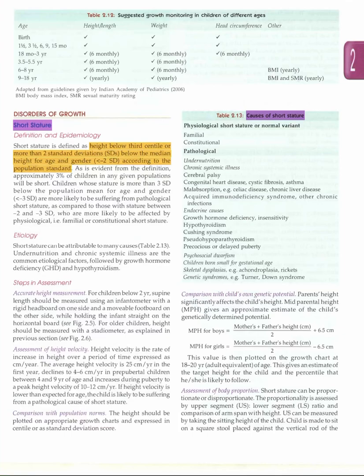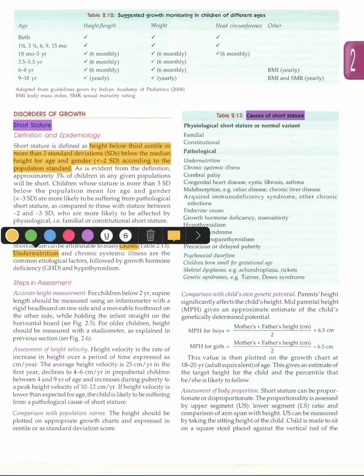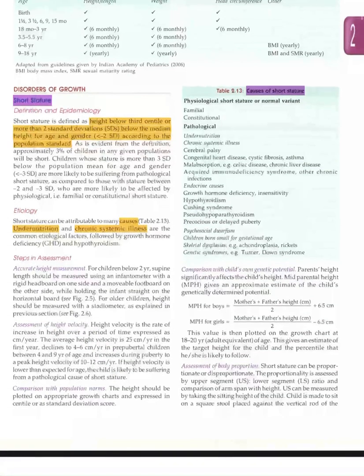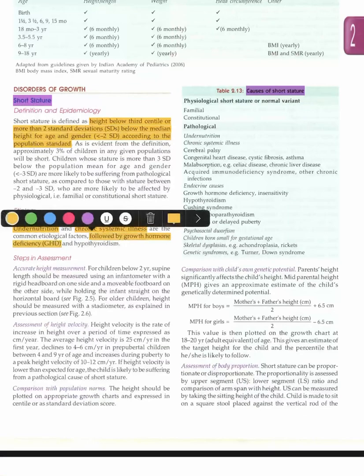Etiology. Short stature can be attributed to many causes: undernutrition, chronic or systemic illnesses as the common etiological factor, followed by growth hormone deficiency and hypothyroidism.